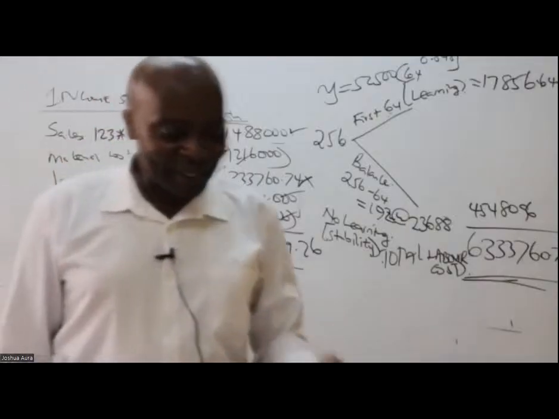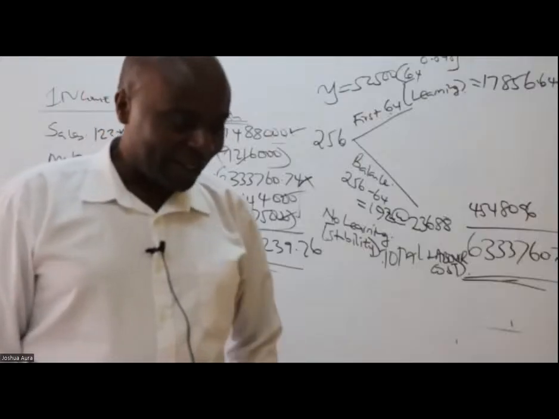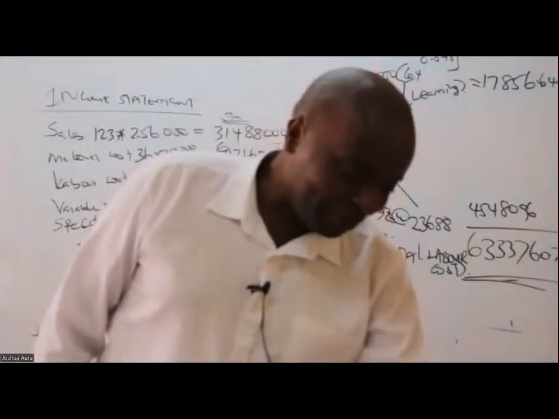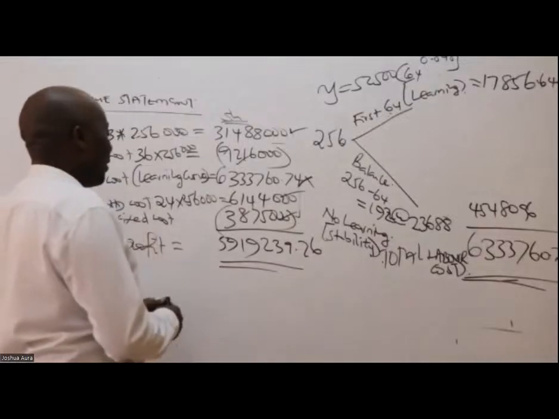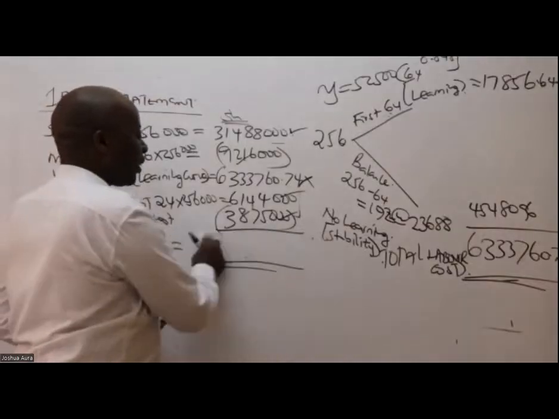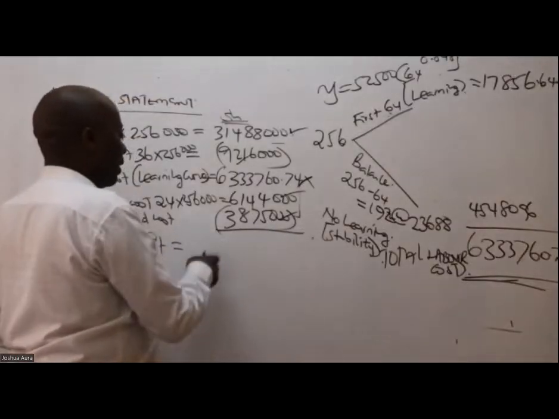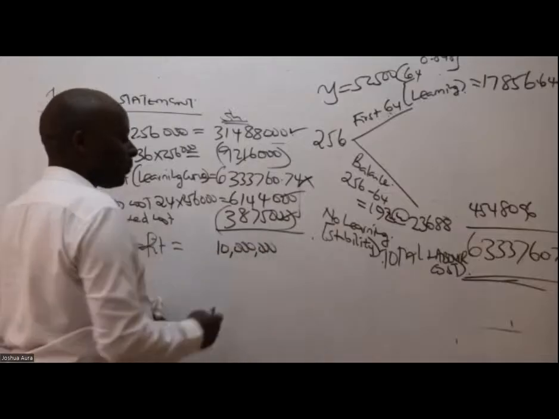Okay, let me tell you what is going to happen then. Let me be the one speaking now. This time around, they want our profit to be 10 million Kenyan shillings.